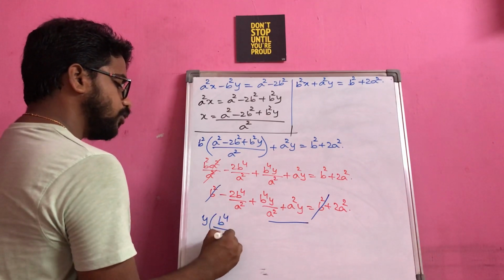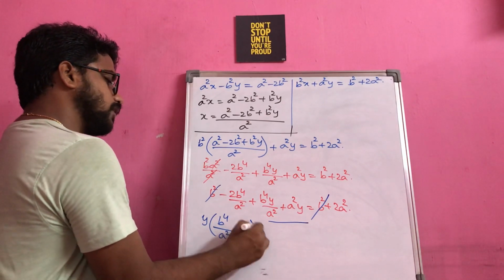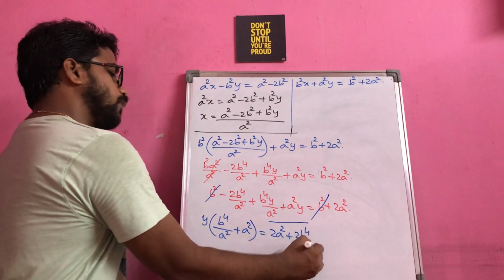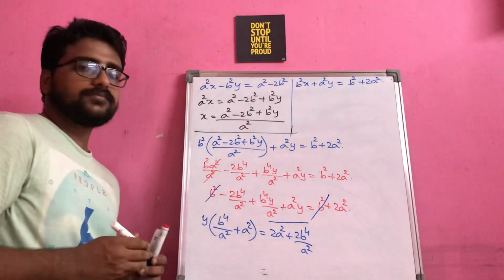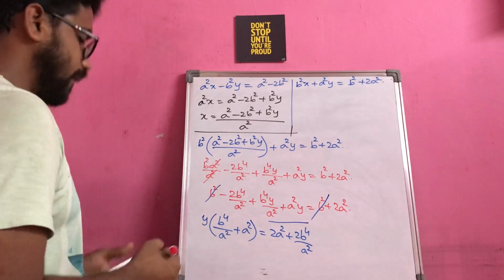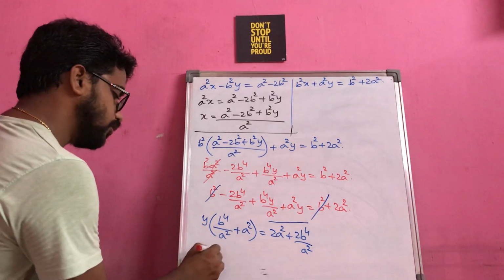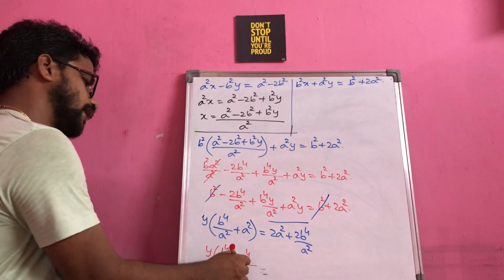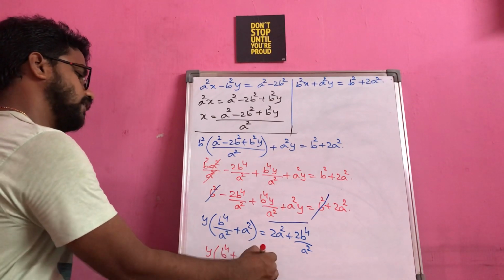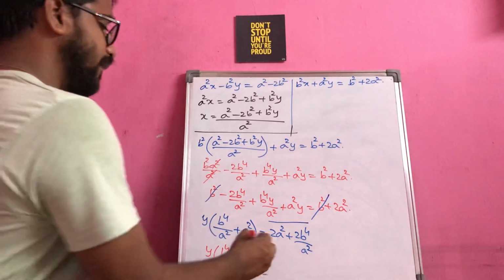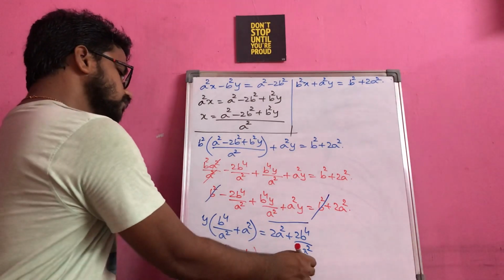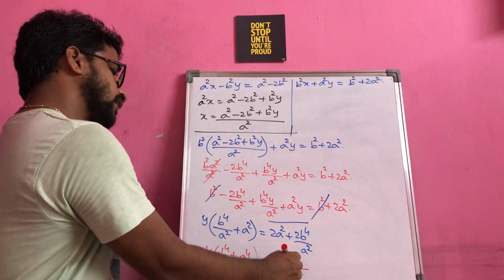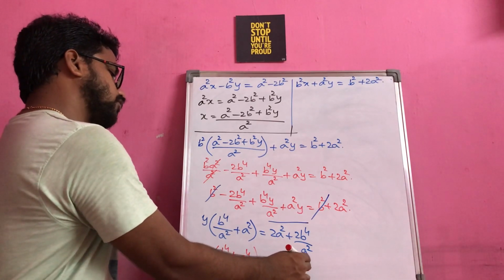Then y into b power 4 by a square plus a square is equal to 2a square plus 2b power 4 by a square. Okay. So you can take LCM here: y into b power 4 plus a power 4 by a square is equal to, I can take 2 as a common, LCM will be a square, and this is a power 4 plus b power 4.